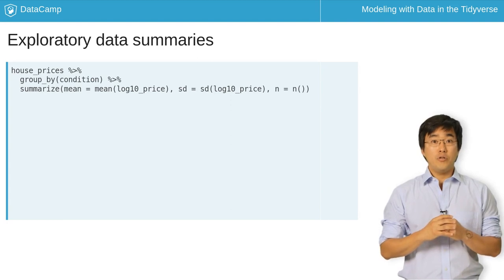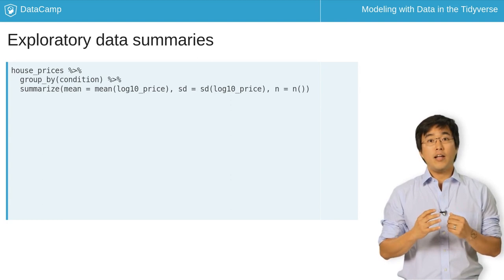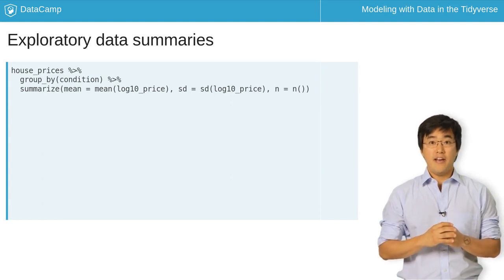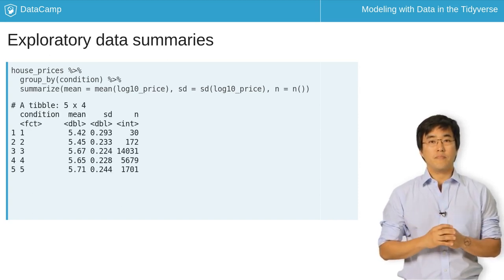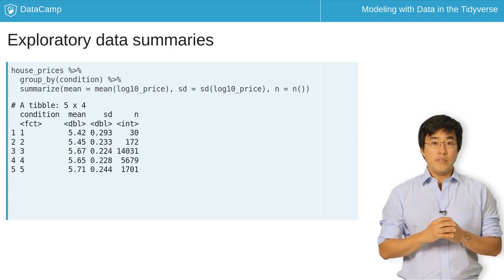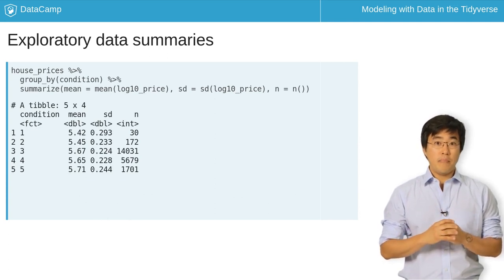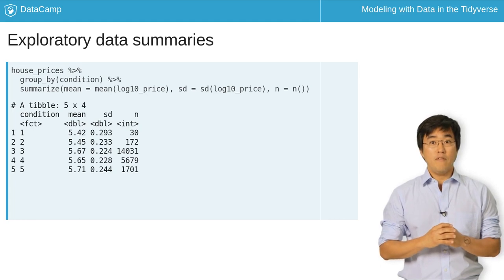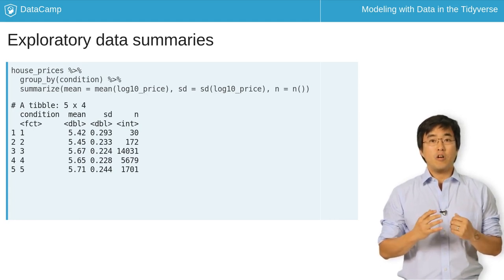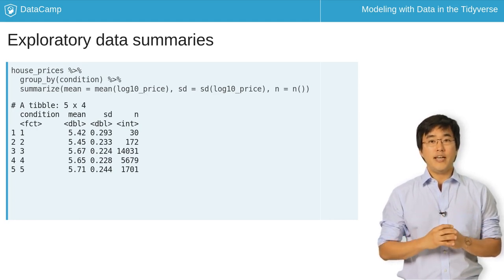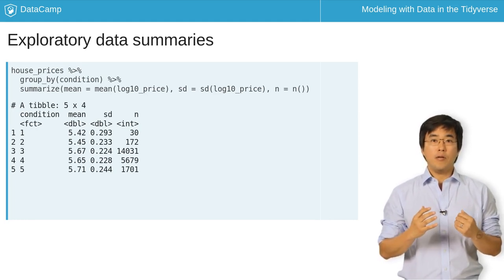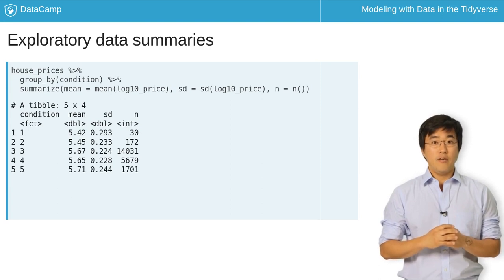You summarize using the mean of the log10 price, the standard deviation, and also the sample size using the n function, which simply counts the number of rows in each condition level. Observe. The group level means exhibit a similar increasing pattern as the medians in the box plot from before. There is also variation within each condition level as quantified by the standard deviation. Lastly, most houses are either condition 3, 4, or 5.